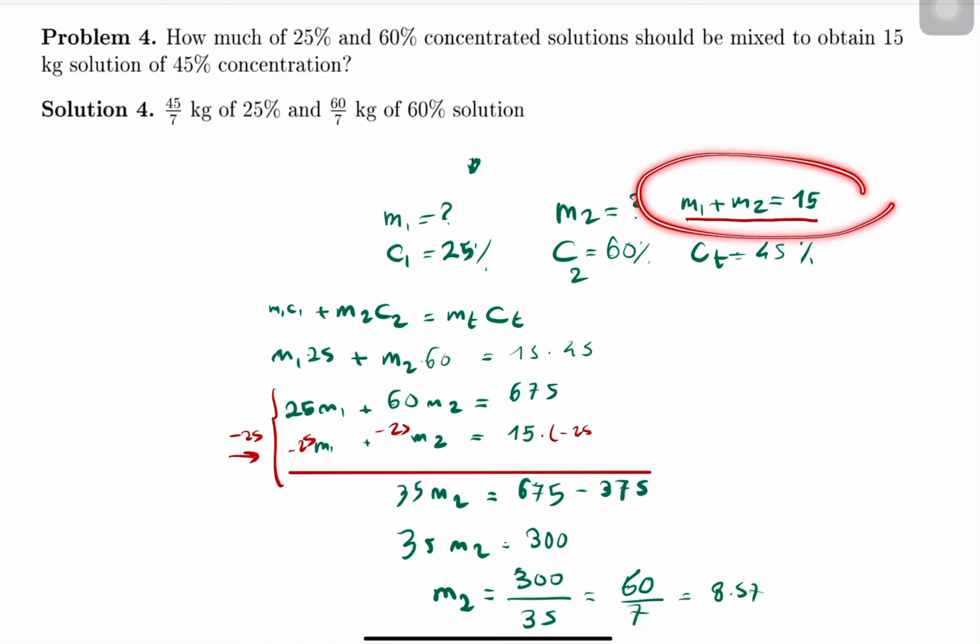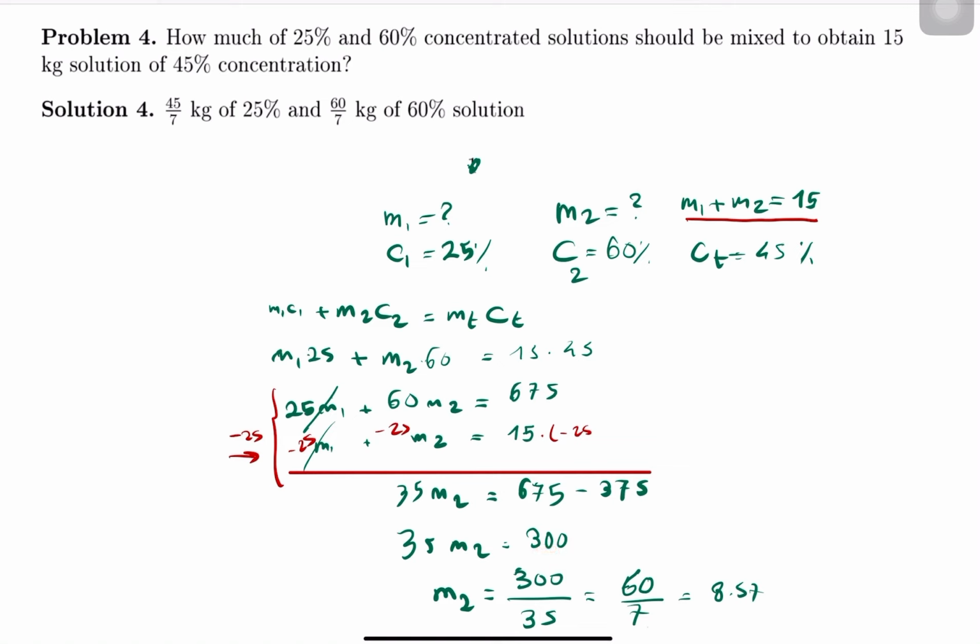Again, I know M1 plus M2, total mass, is 15 kilogram, and I multiply by 25 to cancel these two. Then 60 minus 25 will be 35. And 15 multiplied by 25 will be 375 with the minus, and 675 minus 375 will be 300.